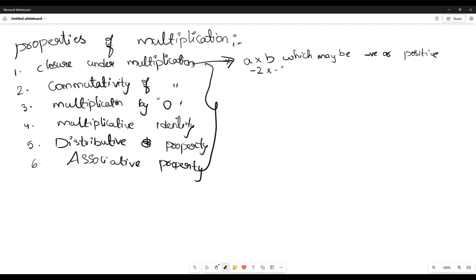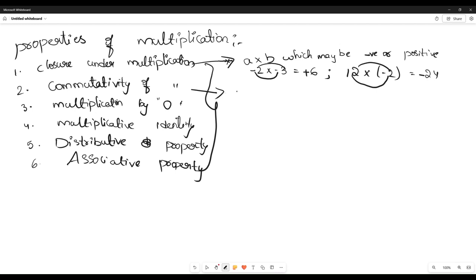Minus 2 into minus 3. First, 2 into 3 is 6. Negative into negative, it is positive. It is one closure under multiplication. And the second option is 12 into minus 2. Here we are using positive and negative. 12 twos are 24 first. Positive into negative is always negative. It is the closure under multiplication.